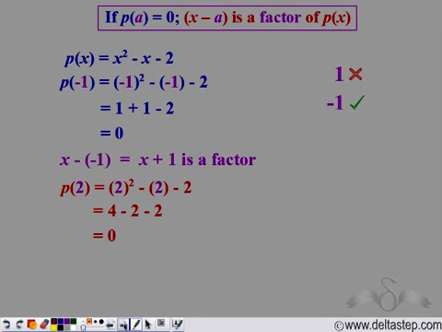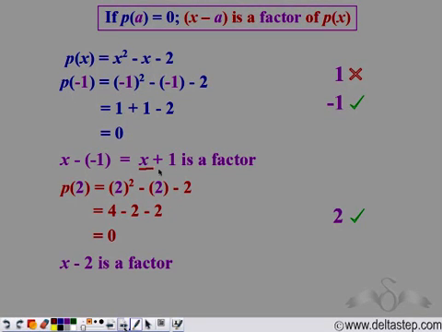So we get P(2) as 0. So we can say x minus 2 is a factor of P(x), because P(2) is 0. If P(a) is 0, x minus a is a factor of P(x). If P(2) is 0, x minus 2 will be a factor of P(x).